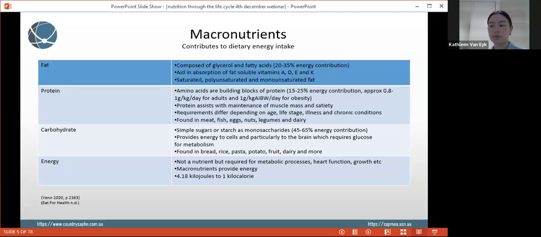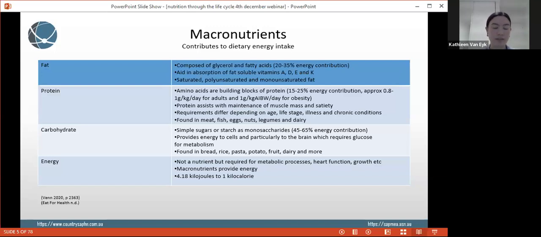Carbohydrates. So carbohydrates are broken down into glucose, which we use for energy. And depending on which guidelines you look at, we're looking at between 45 to 65% of our energy coming from carbohydrate. And we use this directly for energy. Our brain uses glucose and carbohydrates for energy.